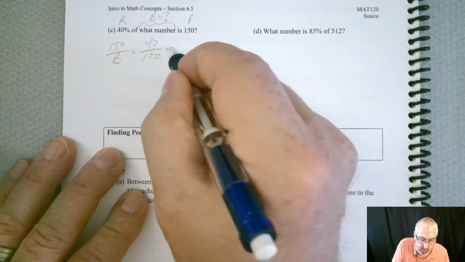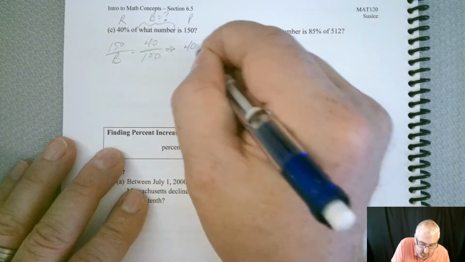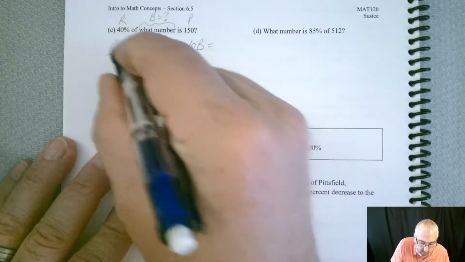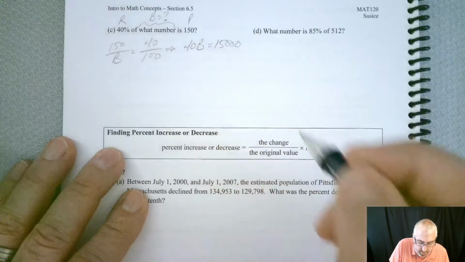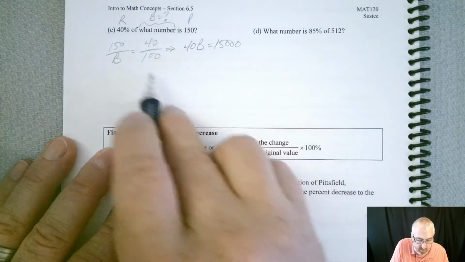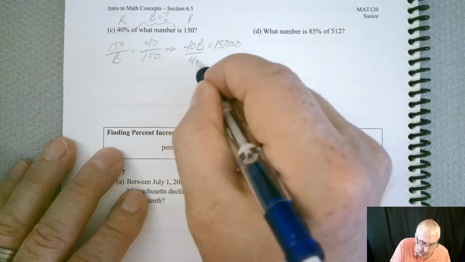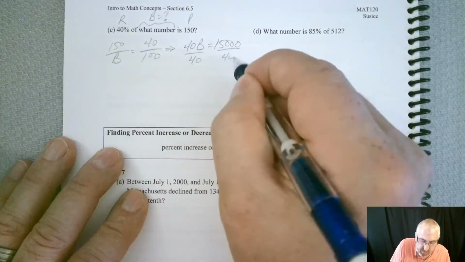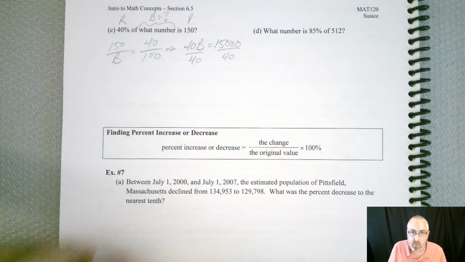Now cross multiply. So let's do the 40 and the B together first. And 150 times 100. I think I got enough zeros there, right? Yep. And then divide. Now, once you get the hang of this, obviously you can skip some steps. You don't have to write it as detailed as I did on the previous ones.